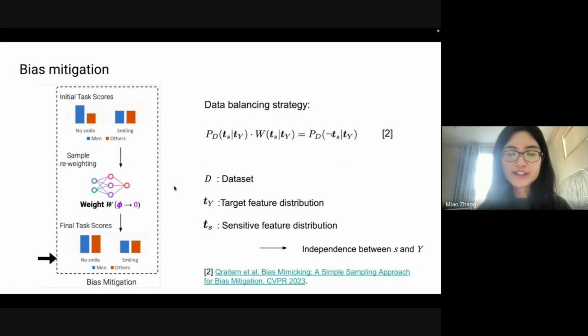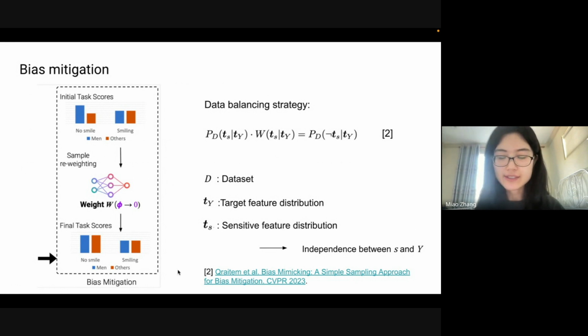The bias mitigation is very lightweight, and it can be applied with any data resampling strategy given the feature distribution we have obtained. Here we use state-of-the-art work from CVPR called bias mimicking.